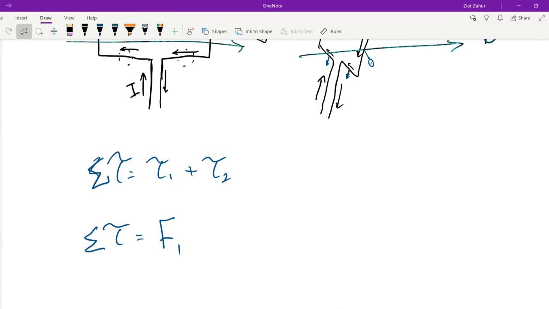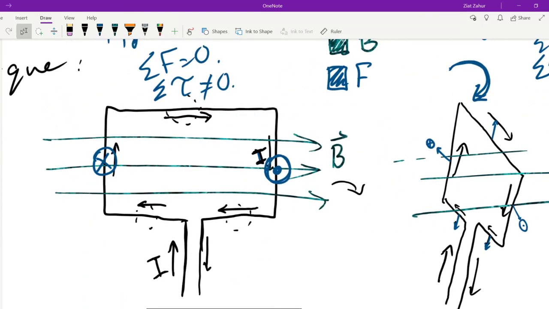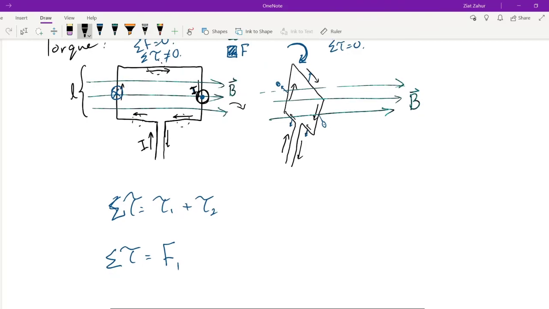Times your radial arm. Your radial arm would be whatever the size of your thing is, divided by 2. So let's call this a square loop, so it's just length L. And so it's square, so everything is square.